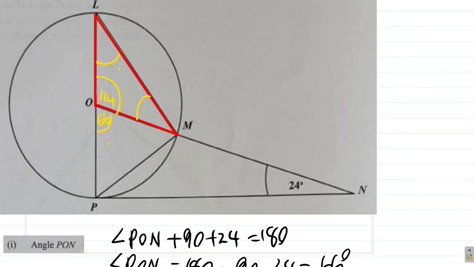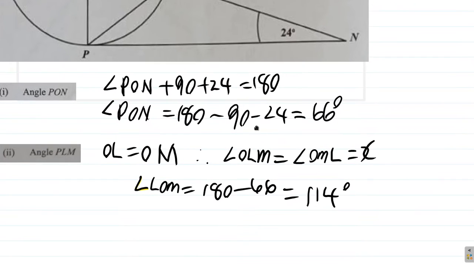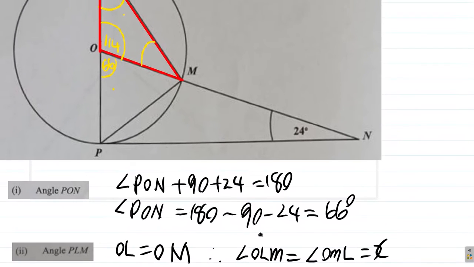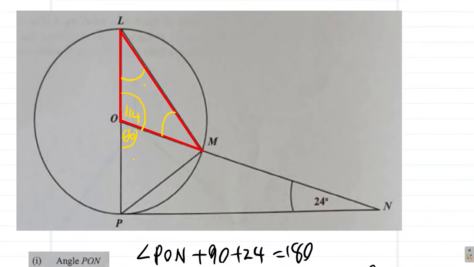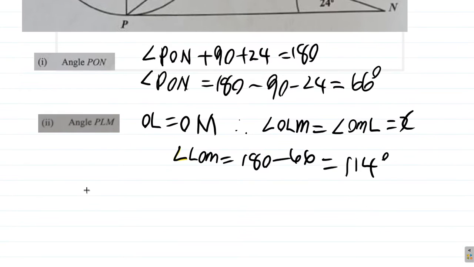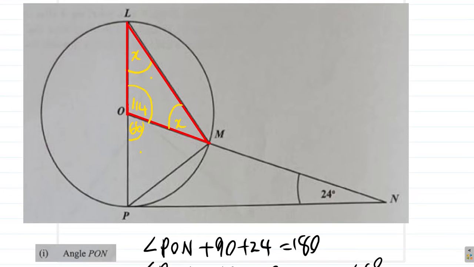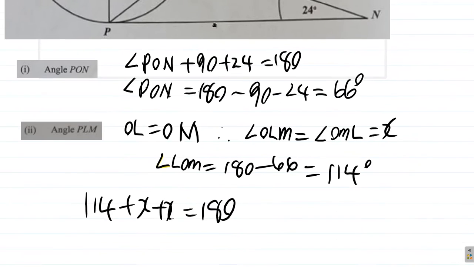Now, look at this. You see the angle OLM equal OML equal X. You call this X and call this X. The fact is 114 plus X equals 180 in this triangle, right? 114 plus X equals 180 because all three angles add up to 180.